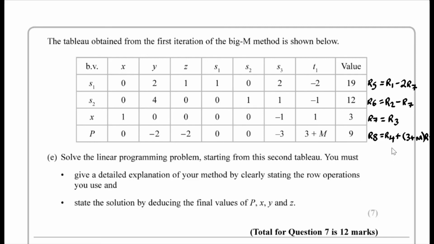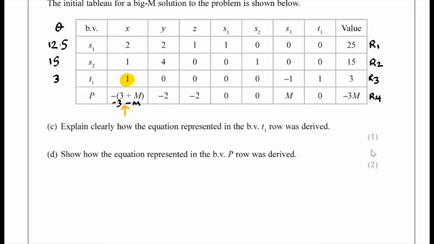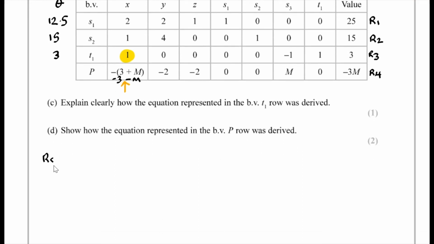Then if we write that down, row 8 equals row 4 plus 3 plus m lots of row 7. If we actually write down what row 8 is, obviously row 7 is the same as row 3.